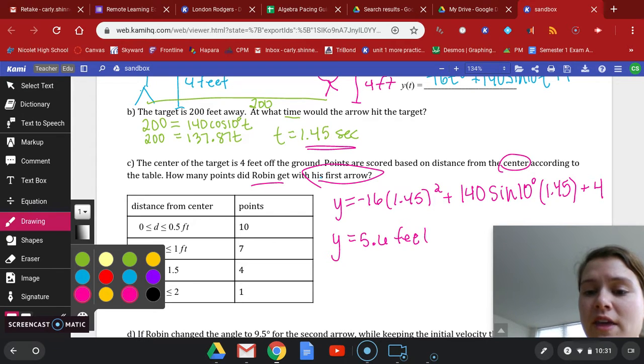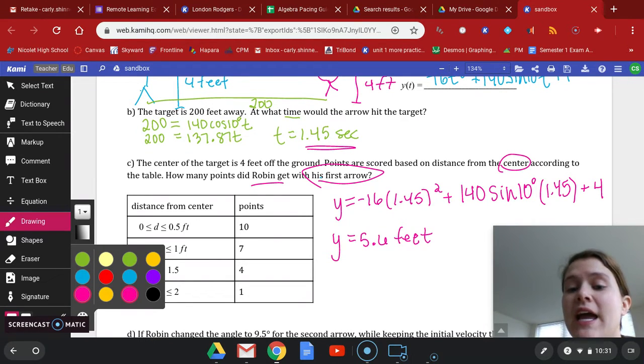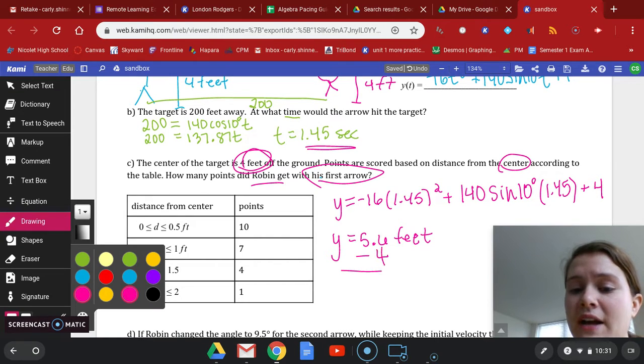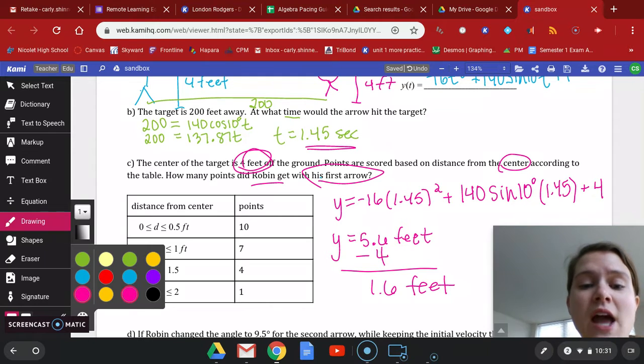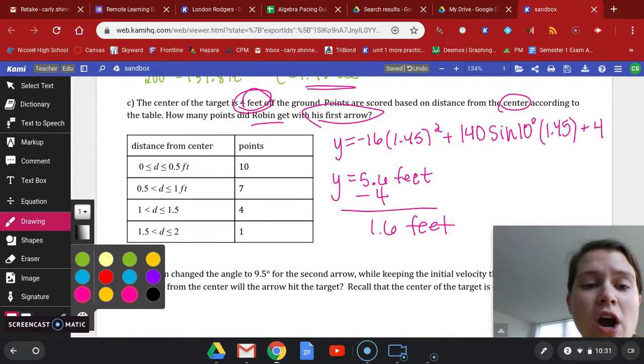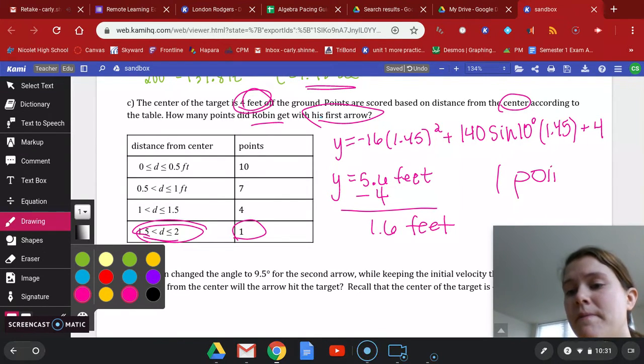So when the arrow gets to the bullseye, it is at a height of 5.6 feet. Well, if the target is 4 feet off the ground, then what distance is that? So you could subtract, and I get 1.6 feet away from the target. And so I look over here on my chart and I see 1.6 would get me into this category. So he earned 1 point.